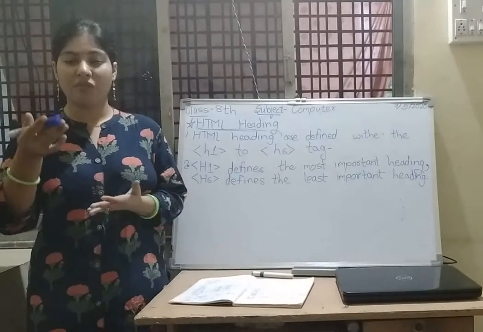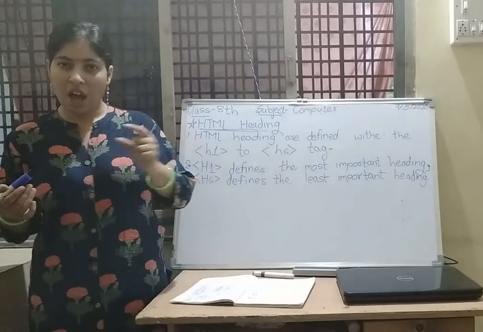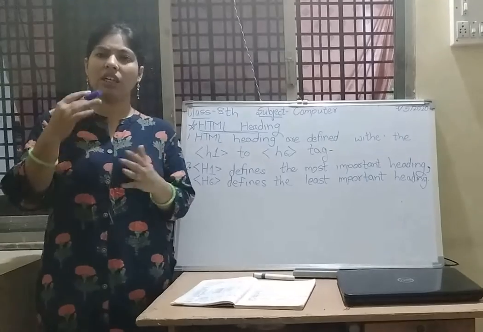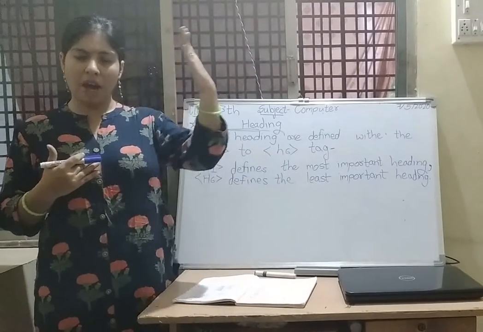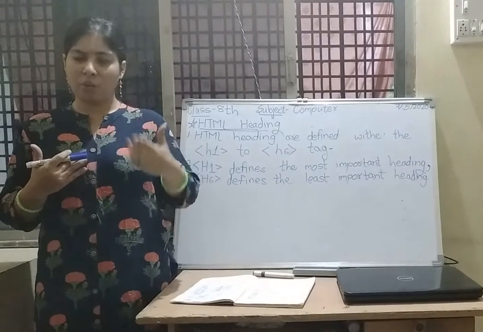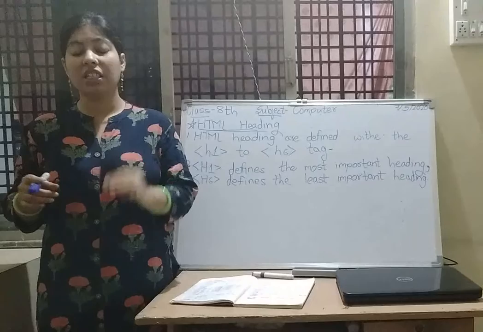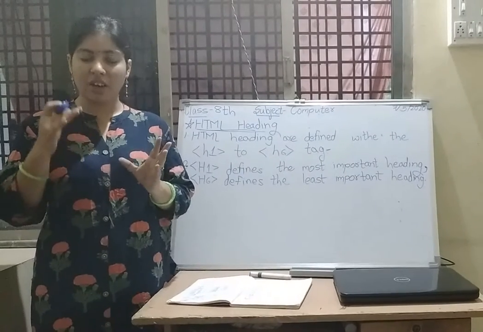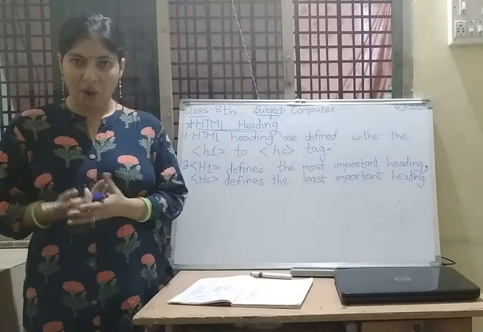So there are many forms of headings in that. About our school, information about our school, these are the headings. So all these headings are different from each other. Some are larger, some are smaller, some are a little bit smaller, some are the least small. So the forms of headings vary, which means they are different from each other.